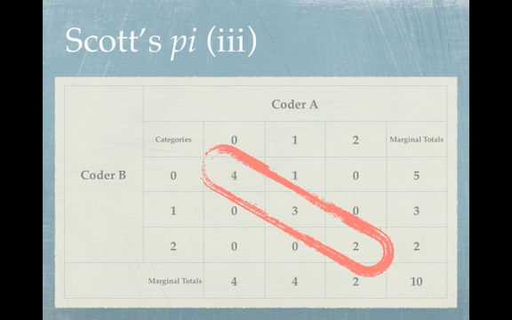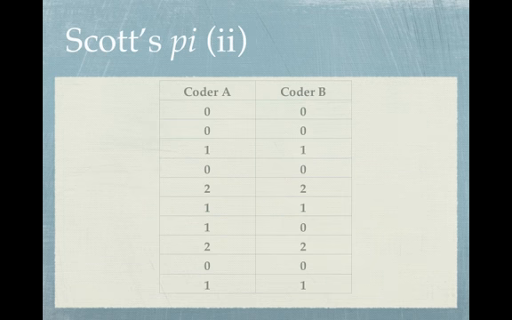So here we have 4 for category 0, 3 for category 1, and 2 for category 2. And if we go back to this example, we can see that they have agreed 4 times when they picked 0. So the first 2, and then the 4th one, and the one before last right at the bottom.